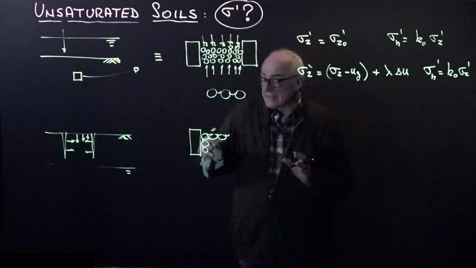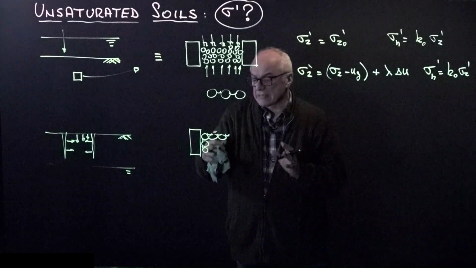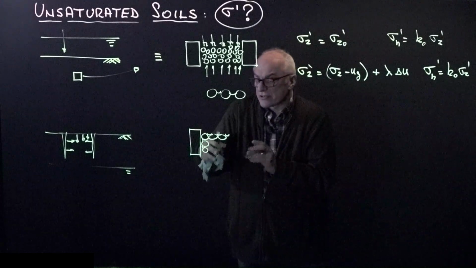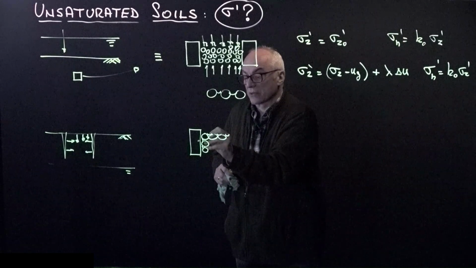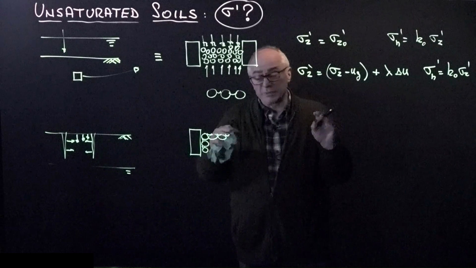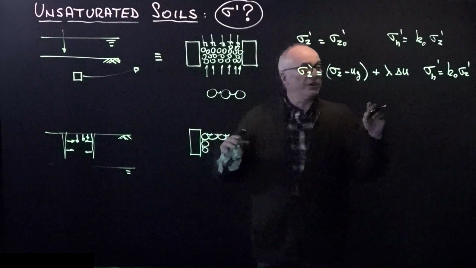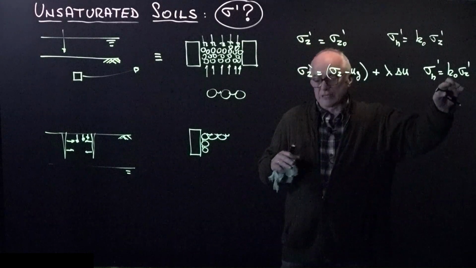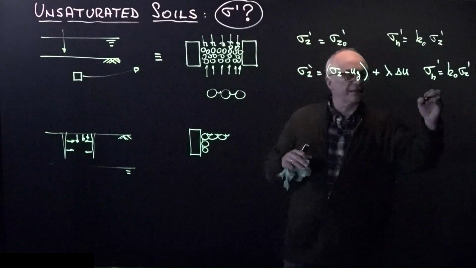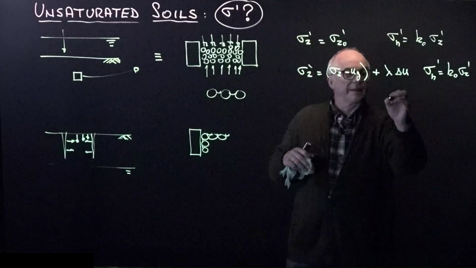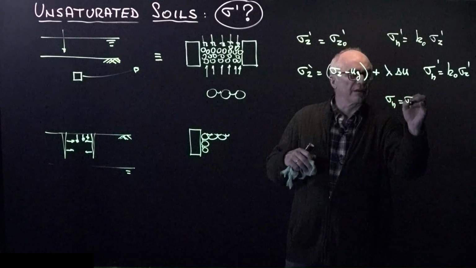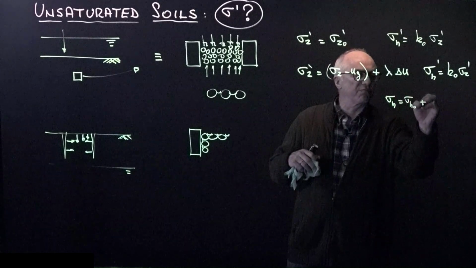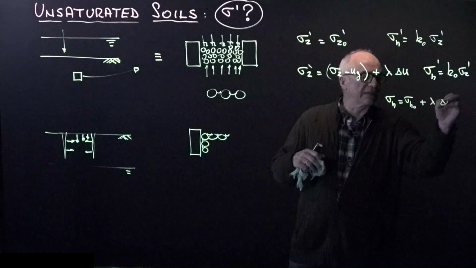Now, in the absence of a crack, or in this system, this stress increase a little bit relaxes the skeleton action against the wall, and so it's going to be somewhere between this initial stress and a stress that is going to be equal to sigma horizontal initial plus a lambda of delta u.